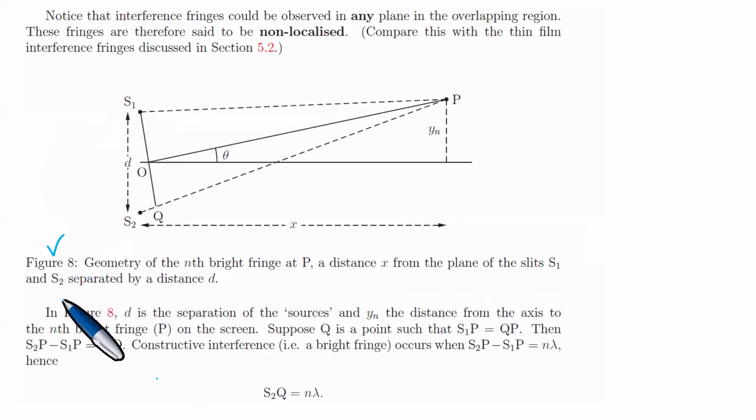Geometry of the nth bright fringe at P. A distance x from the plane of the slits S1, S2 separated by distance d.